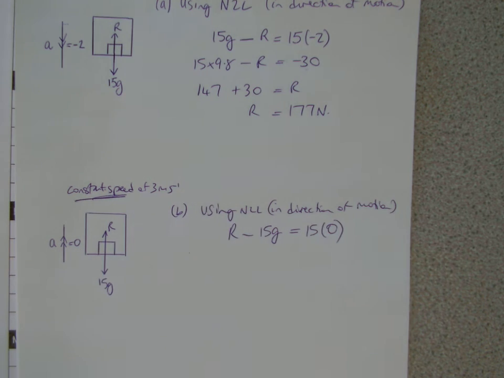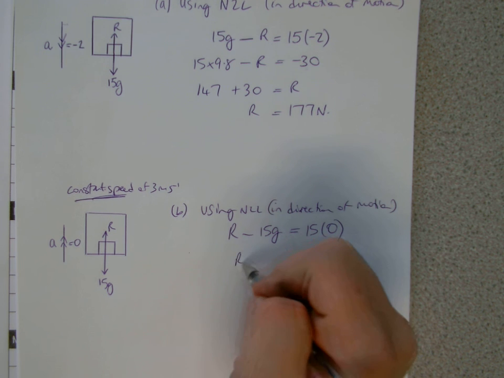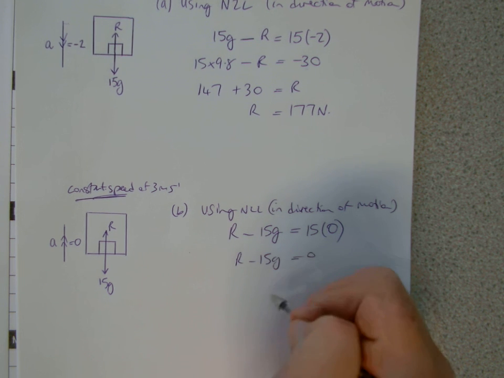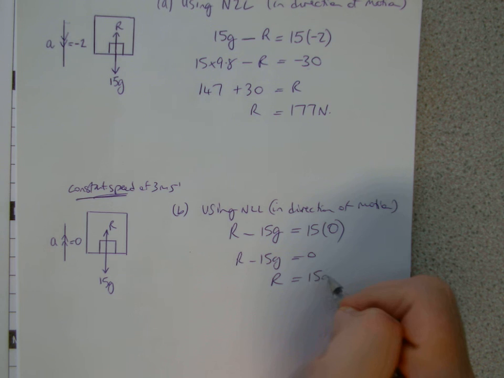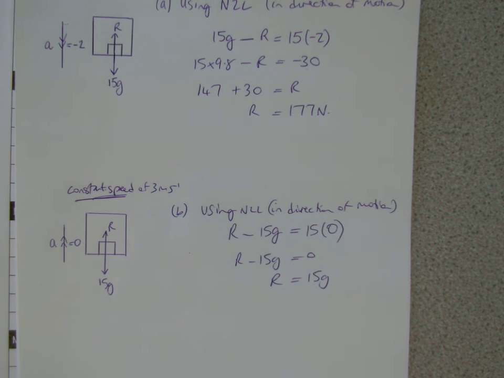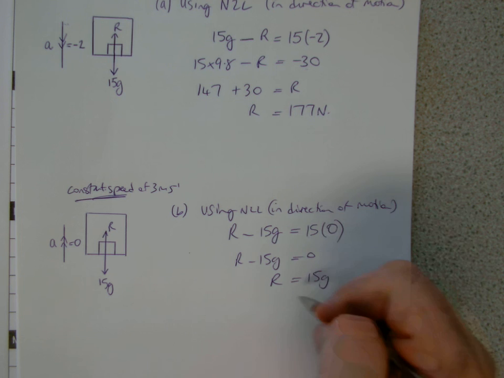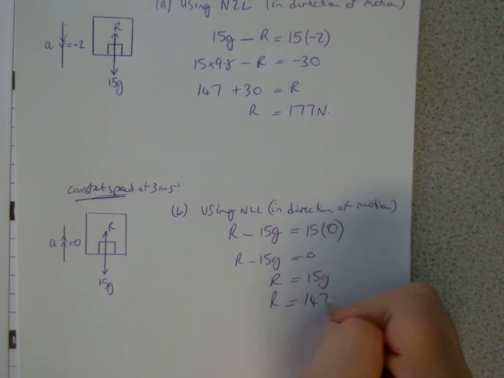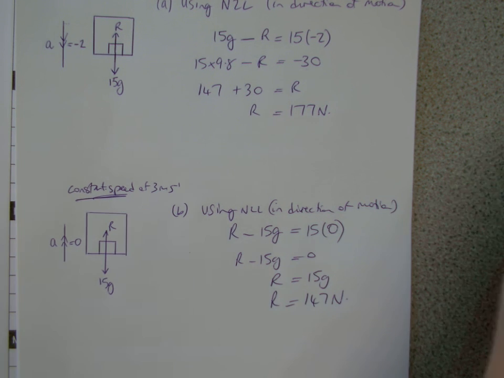Because it's constant speed. Speed isn't changing, it's staying at the same speed. So in that case then, you get R minus 15g equals 0, which basically means R is equal to 15g. So they're equal to each other. Upwards equals downwards, and then all you've got to do is work out 15 times 9.8, which we did before, of course, and we get 147 newtons.